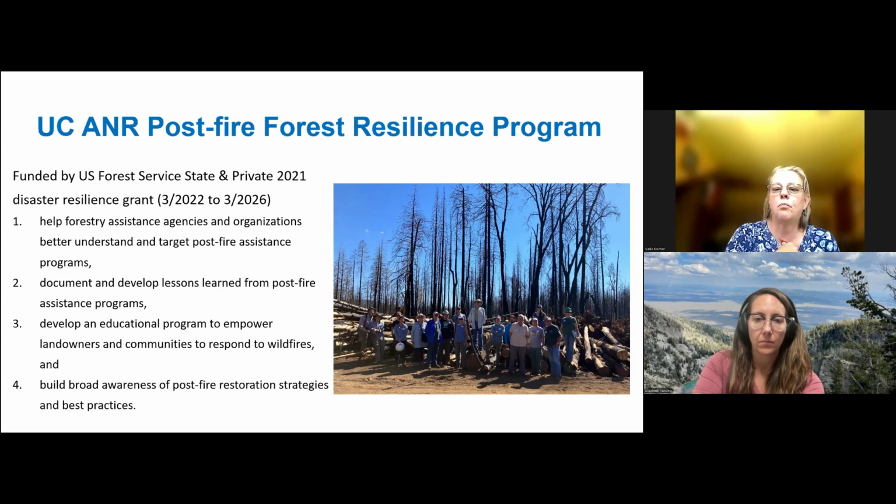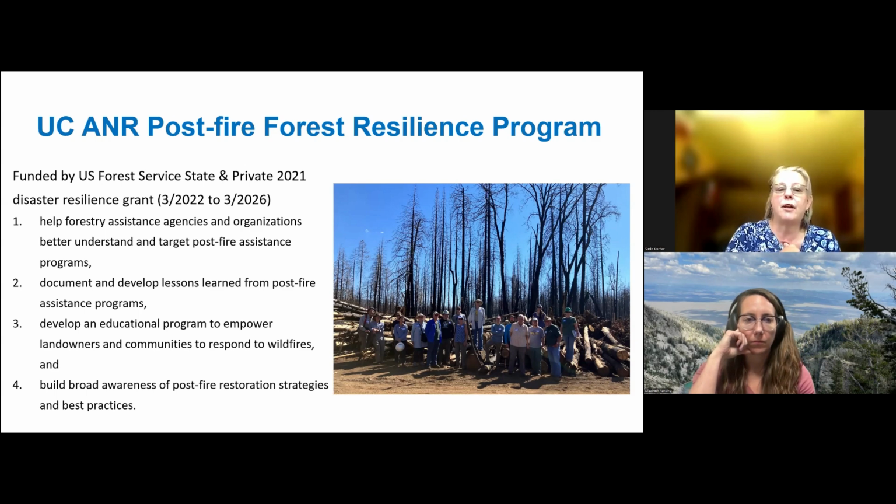We did a whole process of interviewing implementers to identify how development of new assistance programs at the local level function for getting forest restoration done more quickly. That's the whole goal of this model. We came out with our report last year, and we're continuing work on that.